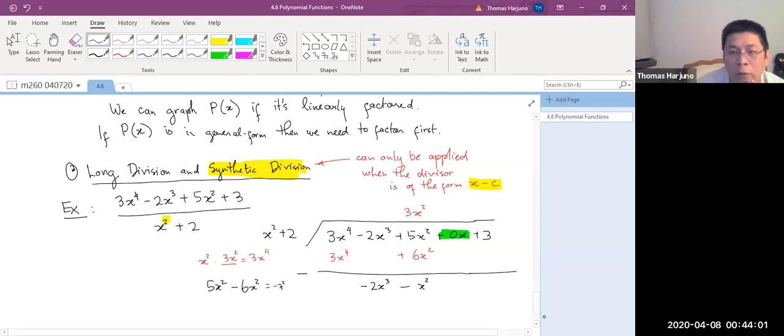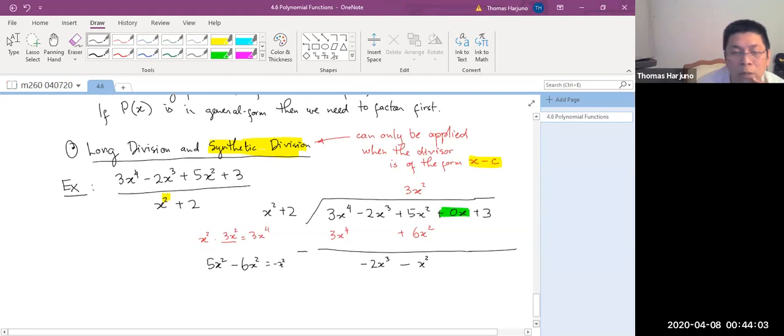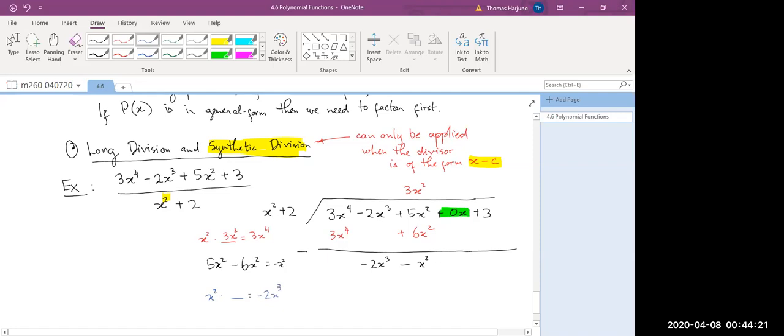Okay, now we will repeat the cycle again. X squared times what gives me negative 2x cubed? Negative 2x.